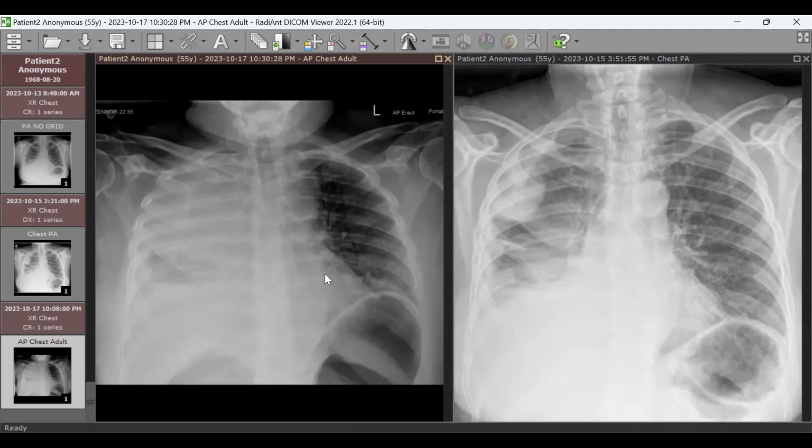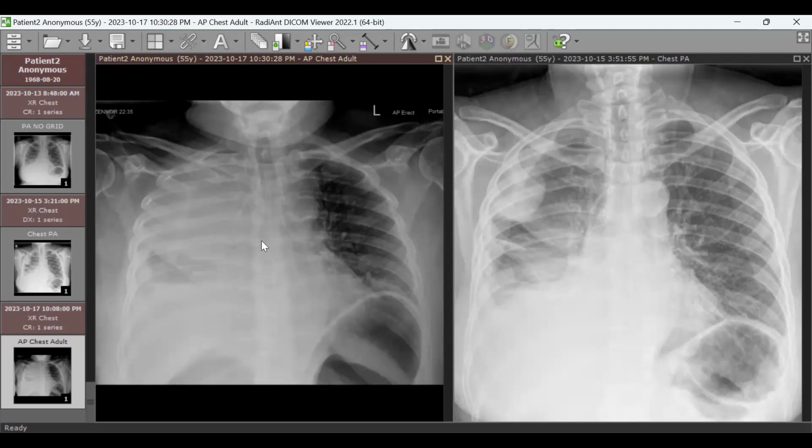Look at the trachea. The spinous processes are projected centrally over the trachea, so there is no really significant loss of volume. Do you know why? There's collapse of most of the right lung, and this is only the part that's aerated.